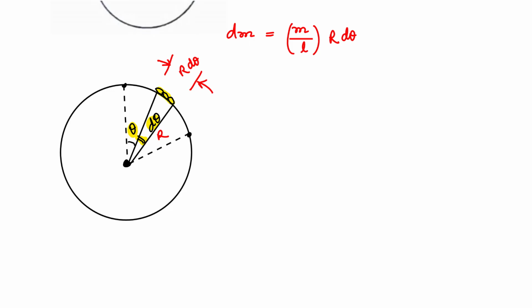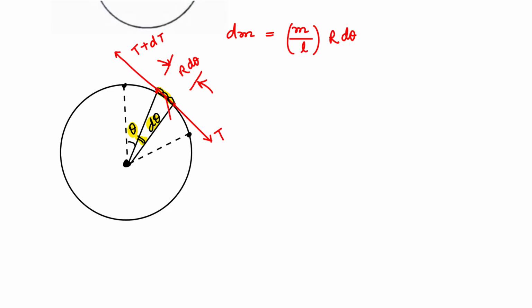Now, as I said earlier, the tension at this point and the tension at this point will not be the same. So let us say on this side the tension is T and on this side the tension is T plus dT. Now what are the other forces that are acting?